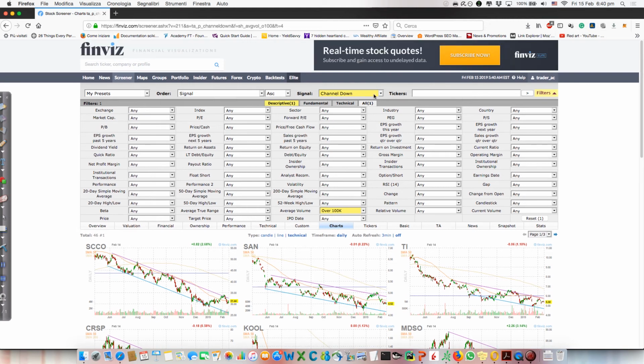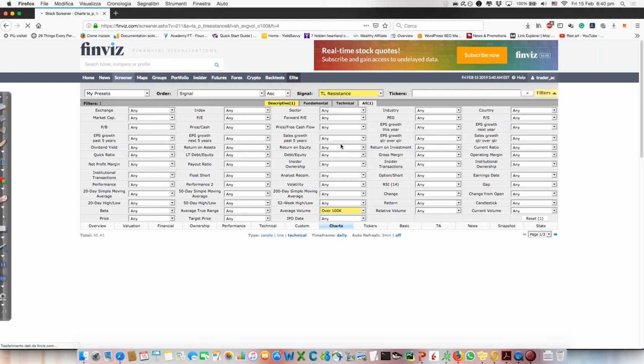But then another thing you can look for is this trendline resistance, trendline support. So this is not a channel. We may have only the resistance or only the support, but this is something else that you can consider.